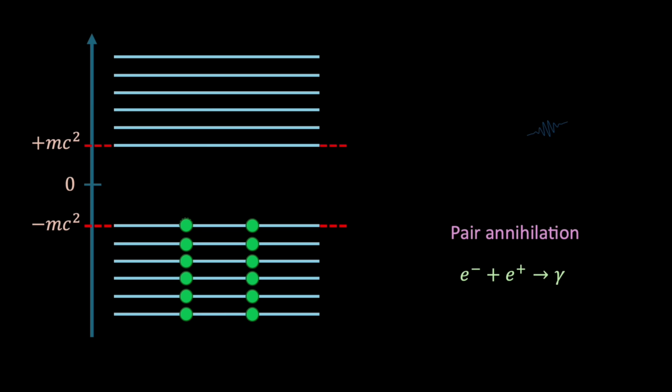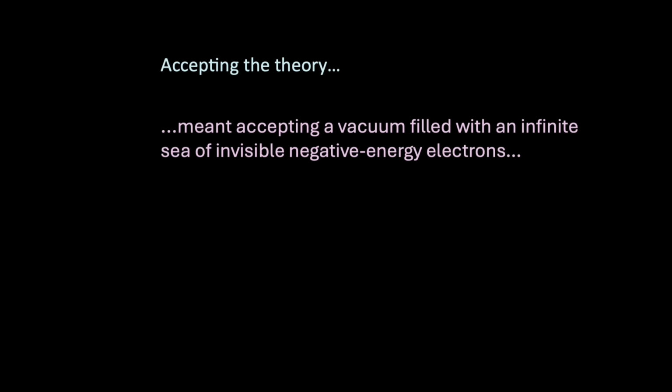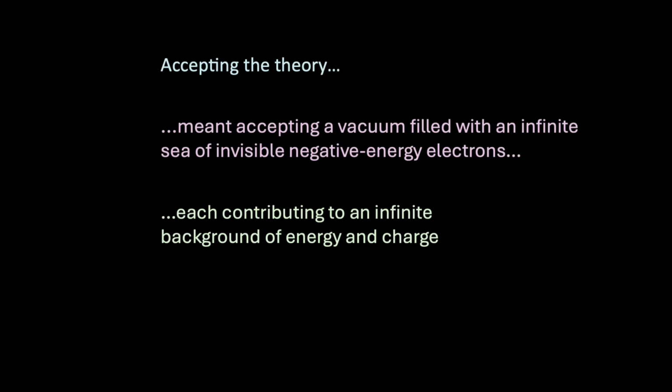But despite the elegance and predictive power of the whole theory, not everyone was convinced. Dirac's model faced deep conceptual resistance. Accepting the theory meant accepting a vacuum filled with an infinite sea of invisible negative energy electrons, each contributing to an infinite background of energy and charge.